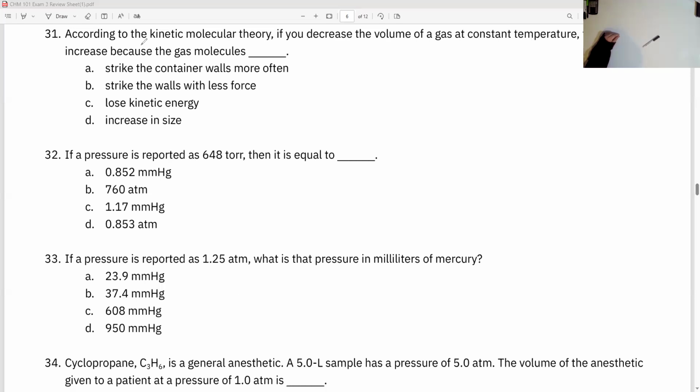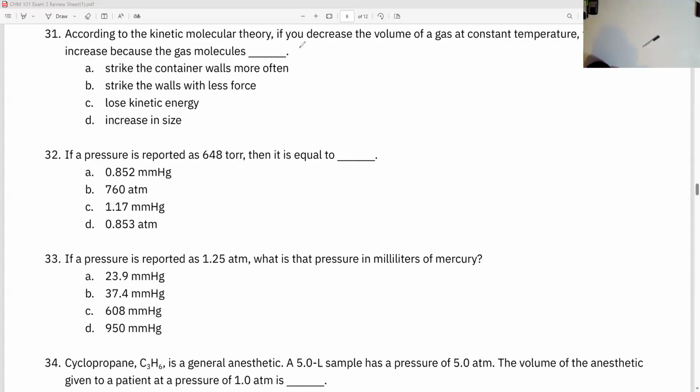First question says, according to the kinetic molecular theory, if you decrease the volume of a gas at constant temperature, the pressure will decrease because... remember, what causes pressure?